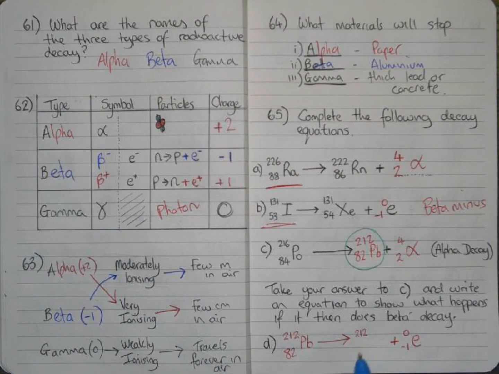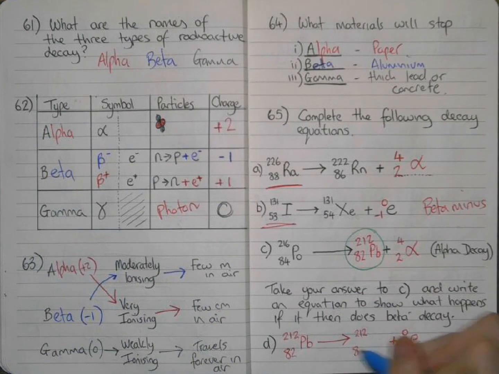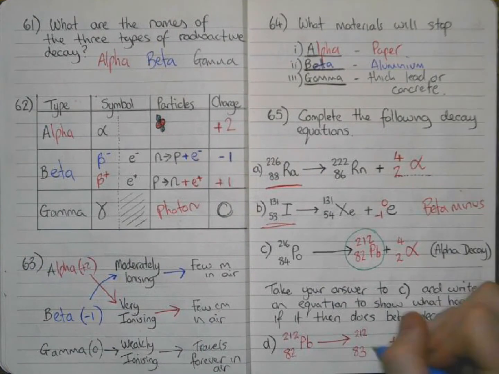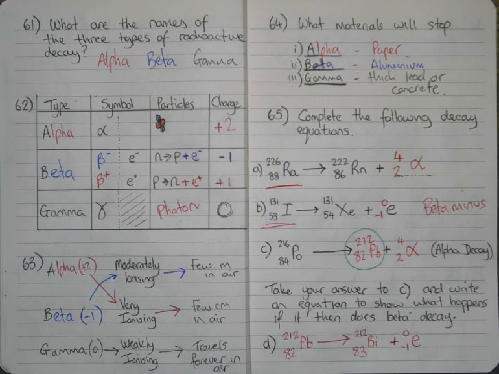What about the bottom number? Something added to -1 gives 82. Well, that is 83. 83 plus -1 is the same as 83 minus 1. And that gives us bismuth. So we've got another change of element.